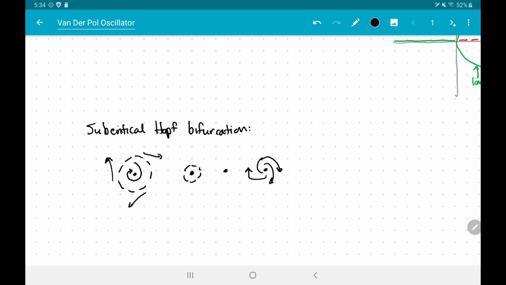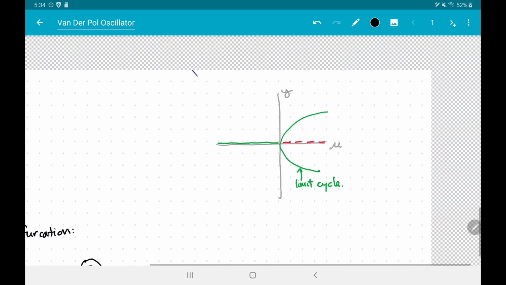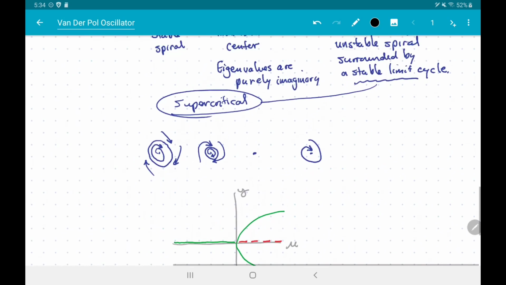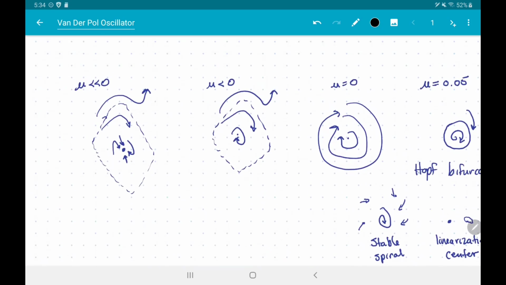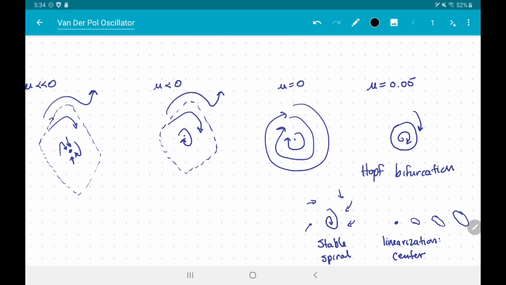This does not seem to be present in this version of the Van der Pol oscillator, unless you were to reverse time, then the supercritical would be turned into a subcritical. So okay, so there you go. That's the van der Pol oscillator.